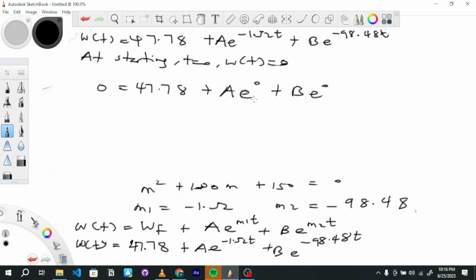This will give me 1. So I will be left with a plus b is equal to, I'll move this here, negative 47.78. Equation 1. So that's the first equation I can write.